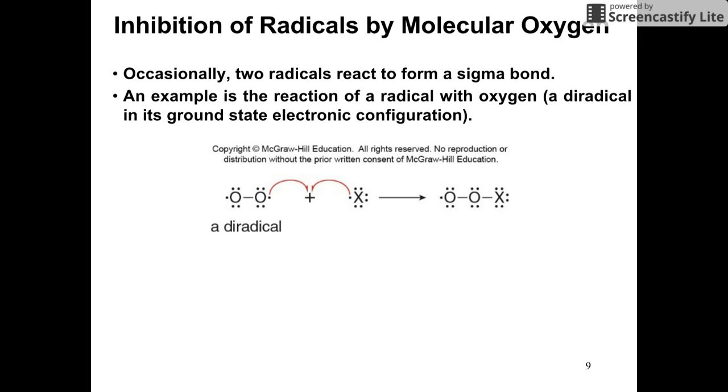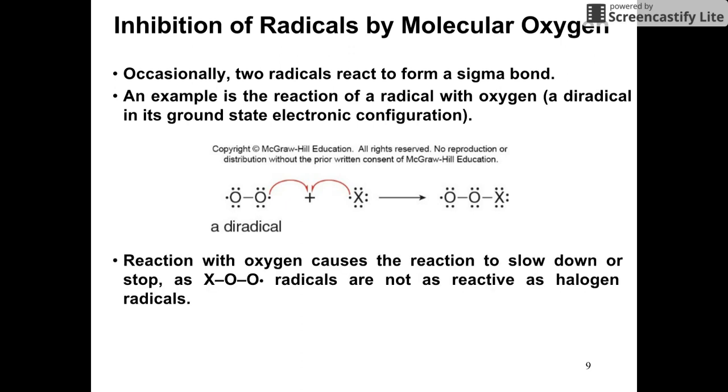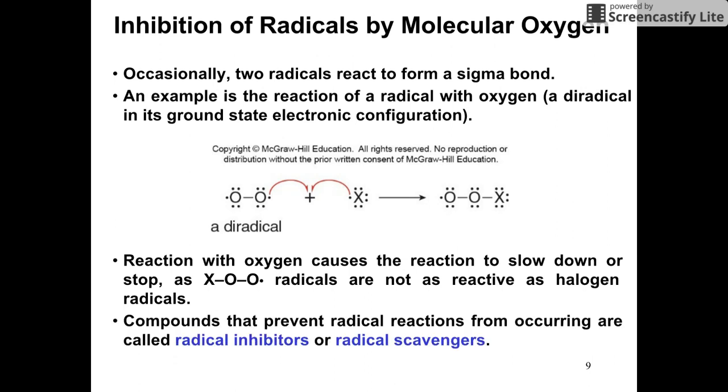So a lot of these have to be done without any oxygen around. The oxygen causes these reactions to slow down. Anything that does that is referred to as a radical inhibitor or a radical scavenger, something that scavenges the radical and essentially kills that radical. And so that's where we're going to stop in this discussion. We'll continue discussion with future videos.